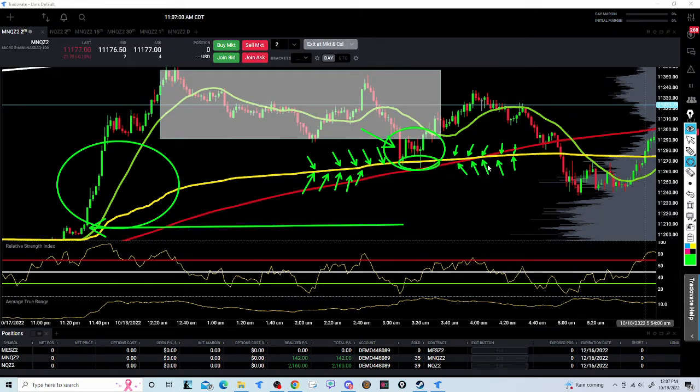And that candle in and of itself was very, very large. You're talking a $40 candle. Think about where your stop loss would have to be. $40 away.